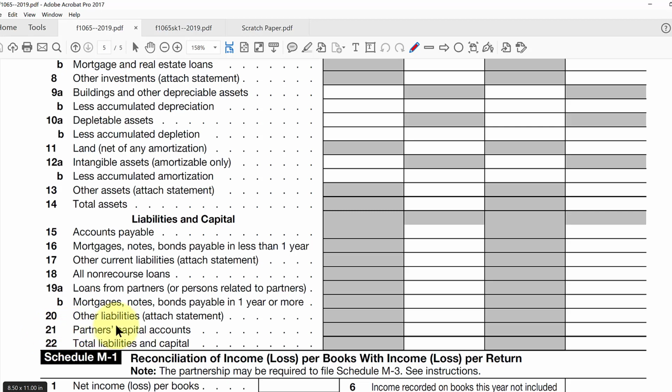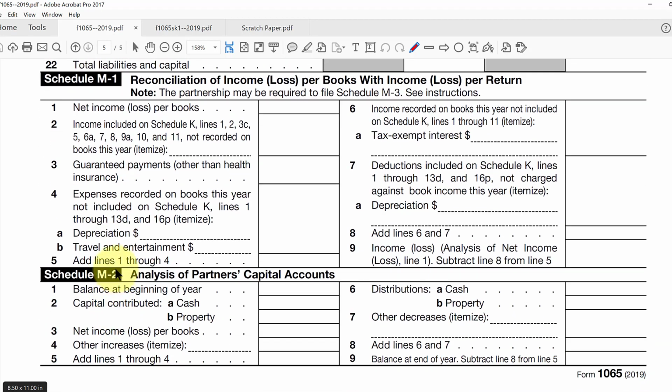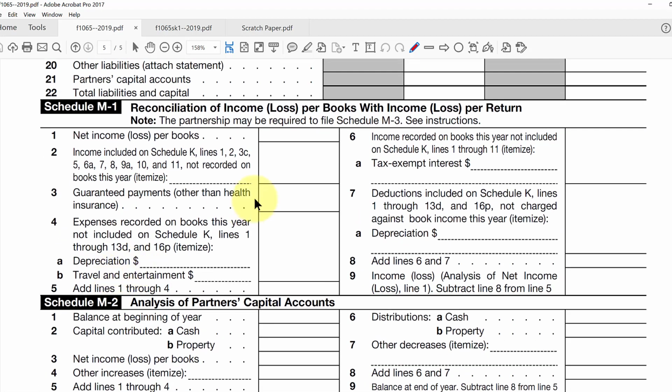But the capital accounts are reconciled down here in this Schedule M-2. So this beginning capital, at the beginning of the year, should be here in line 1 of Schedule M-2. And the ending capital should be the last line of Schedule M-2. And everything in between line 1 and line 9 shows you the changes during the year.